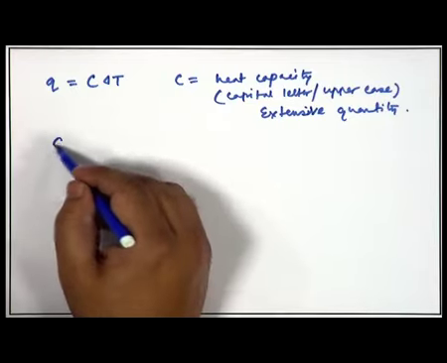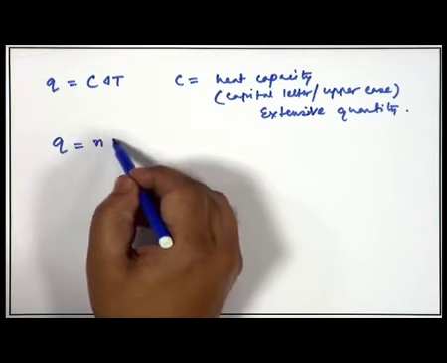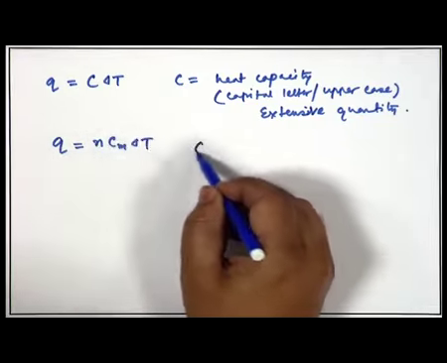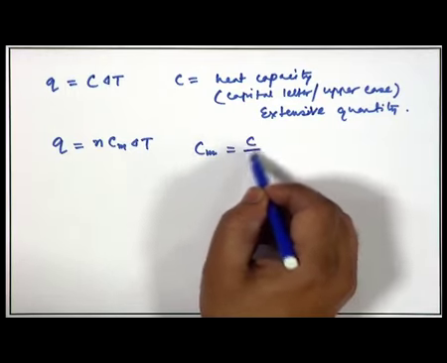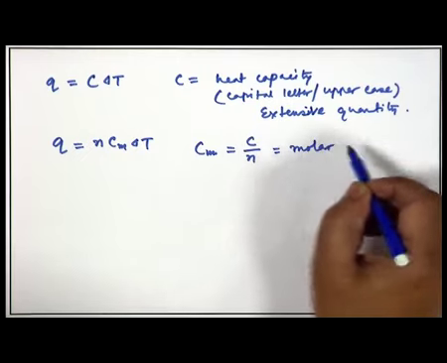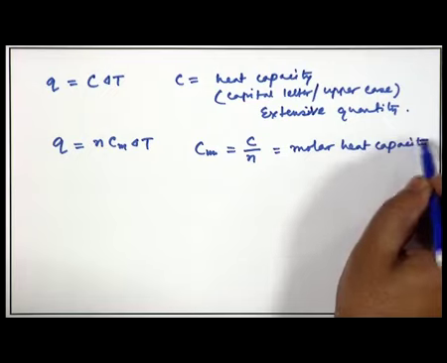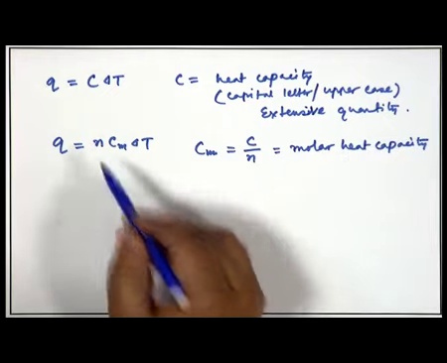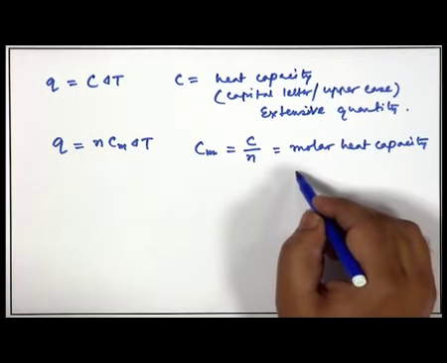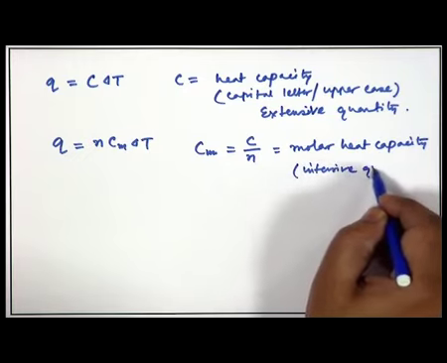Now, we can also write Q in terms of the number of moles, where C is n Cm, and Cm is C by n, the molar heat capacity, with n the number of moles. In this case molar heat capacity would be an intensive quantity.